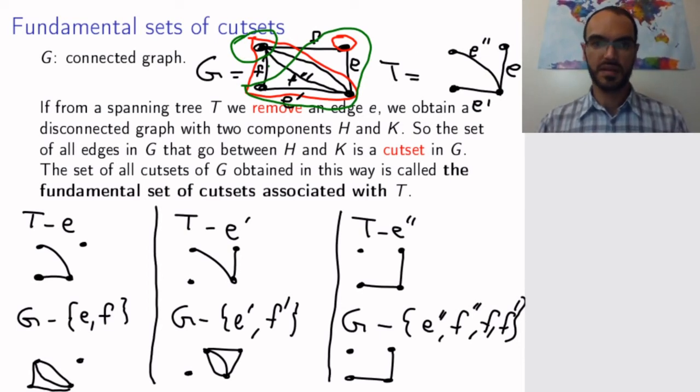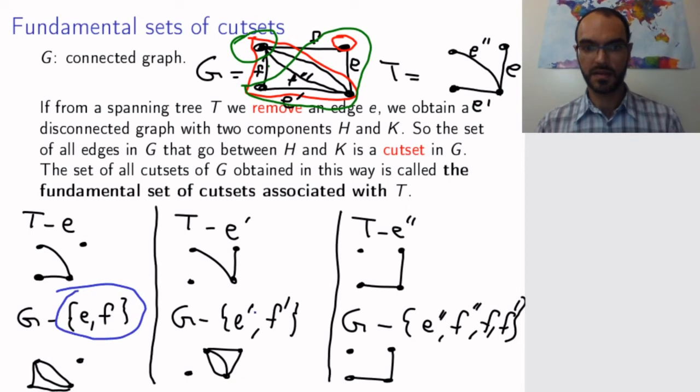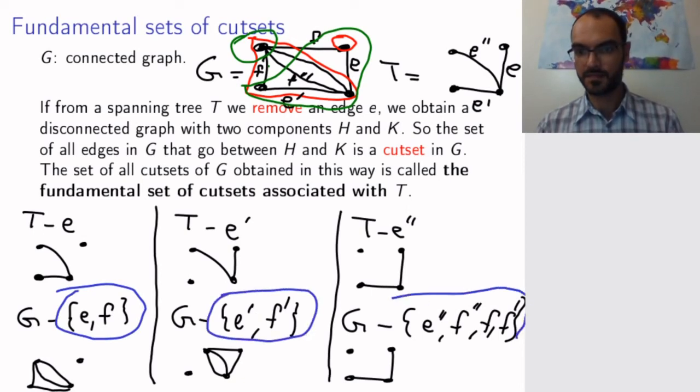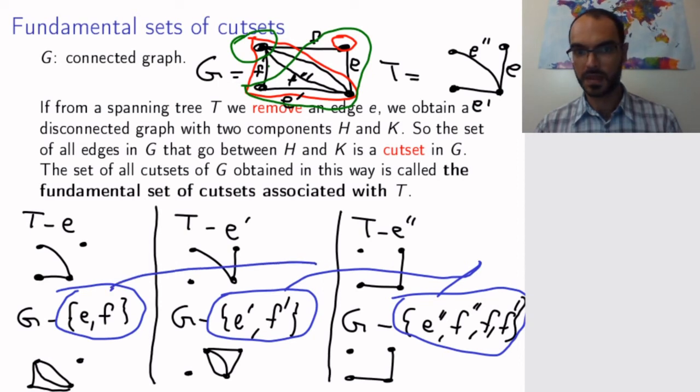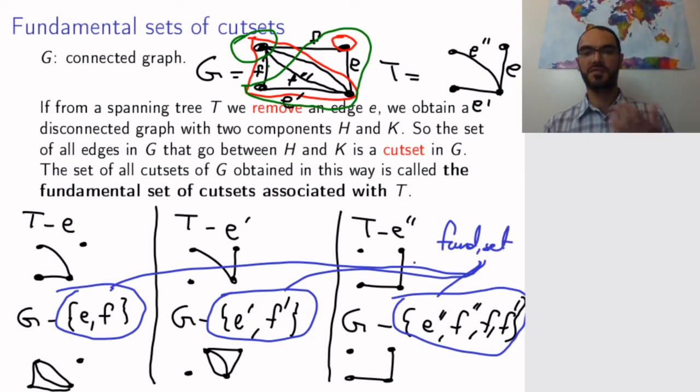So now our fundamental set of cutsets consists of this cutset and this cutset, so all three of them together. This is the fundamental set of cutsets. It consists of three cutsets: EF, E prime F prime, and E bis F bis F F prime.